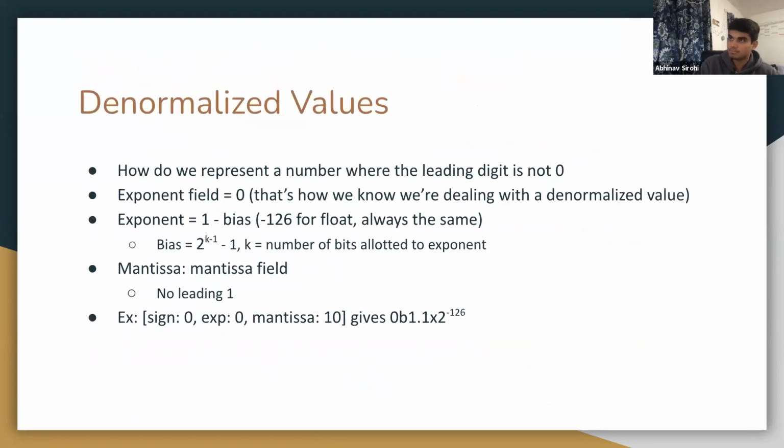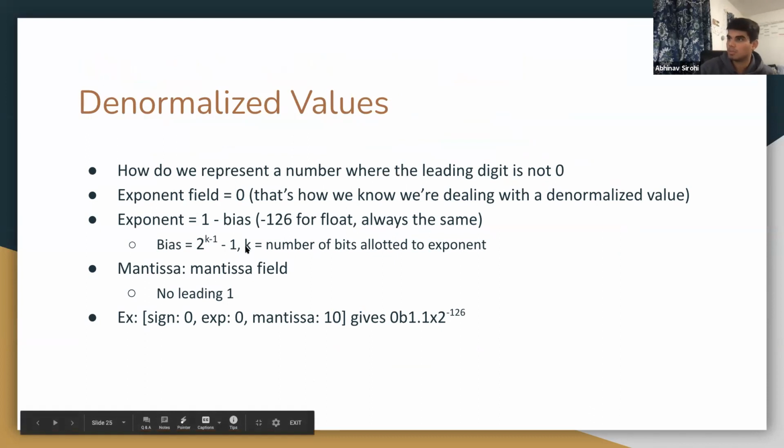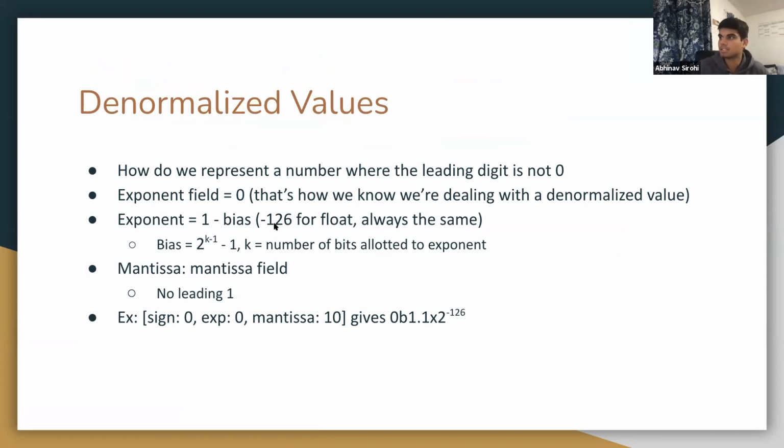The rules here are that the exponent field is always set to 0, and that's how we know that we're dealing with a denormalized value. And then the exponent will always be 1 minus the bias, which is negative 126 for float, and that'll always remain the same.